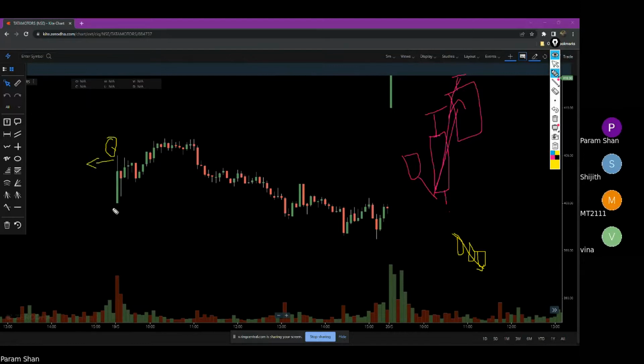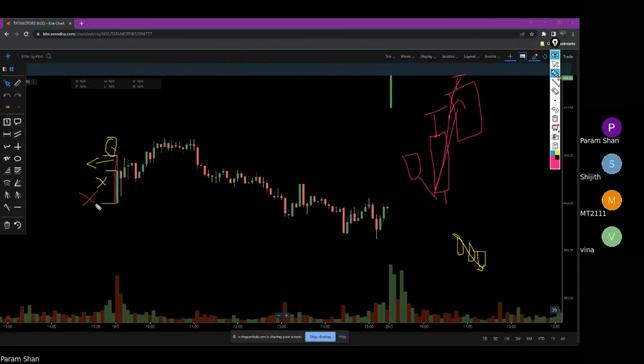This is the first session of the day and first candle. Since you don't have any candle before it, you should not consider this first candle. I'm talking only from an intraday perspective. So you should not consider this candle in any direction. You should not say, okay, this is a green one, this is where it opened, this is where it went high, this is the low, so we need to mark it from bottom to high.